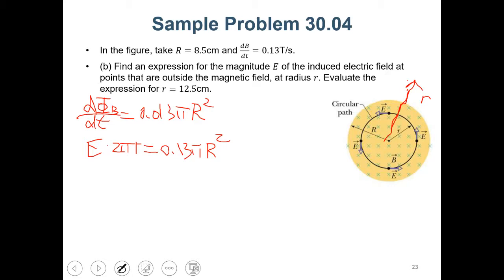And actually the magnitude of E, because other terms are positive, will be, pi and pi are cancelled, so it will be something like 0.065 capital R squared over r.